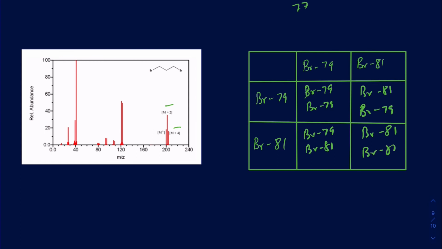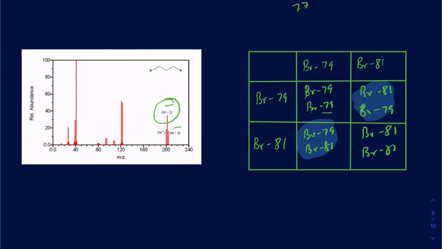So if I focus on these two, bromine 79 and bromine 81, that comes in twice. So that means your M+2 peak is actually going to be 2 times bigger there. That's why this M+2 peak is twice the height of the other one, because bromine 79 and bromine 79 has a probability of taking place once, and bromine 81 and bromine 81 also has the probability of taking place once.